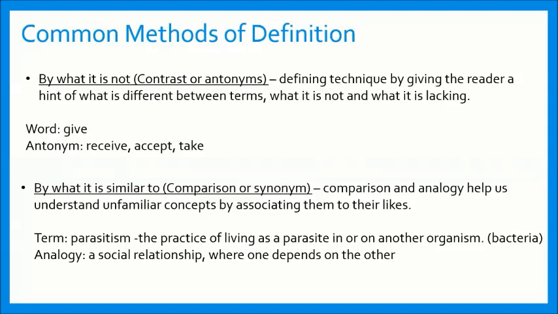Because bacteria are organisms. But if I want a child, or for instance a junior or an elementary student, to understand what parasitism is, I can use an analogy of a social relationship, because I know they will understand it better since they are living it, the social relationship, where one depends on the other.